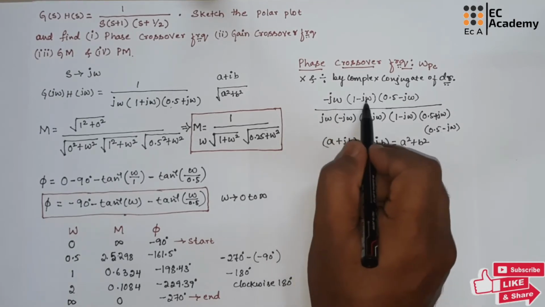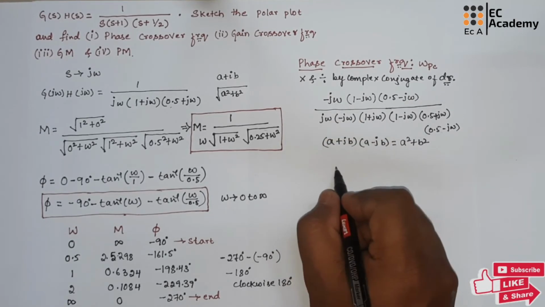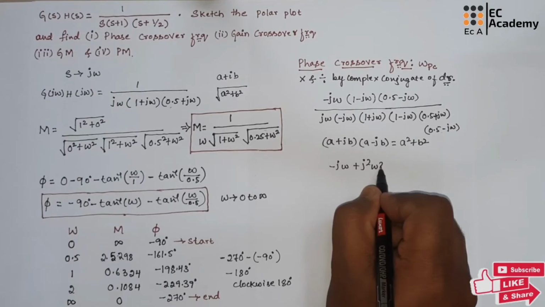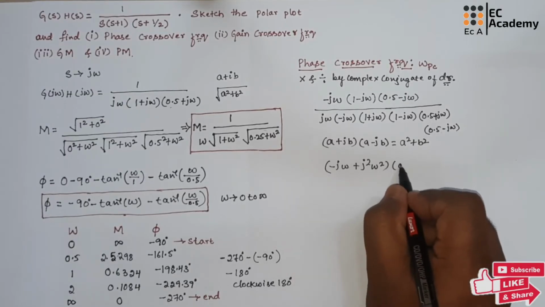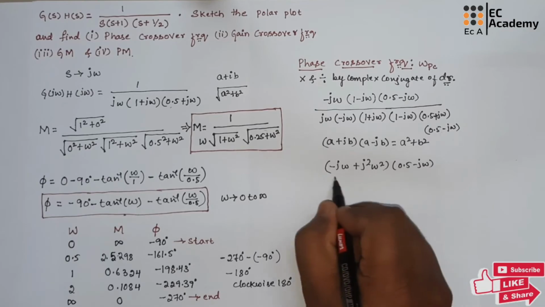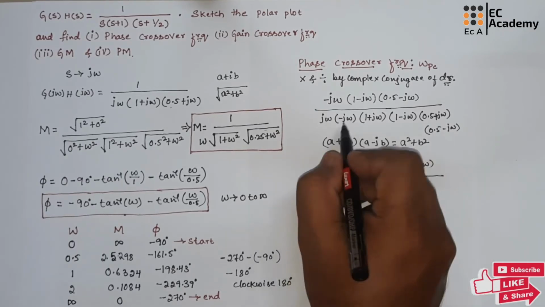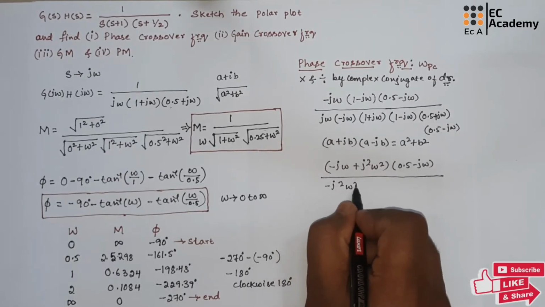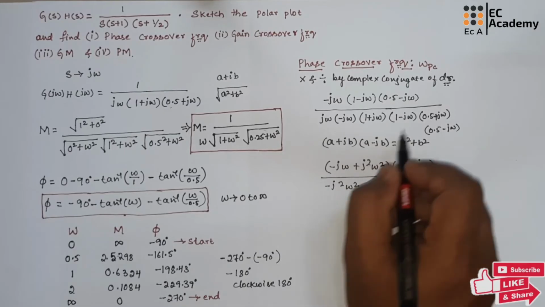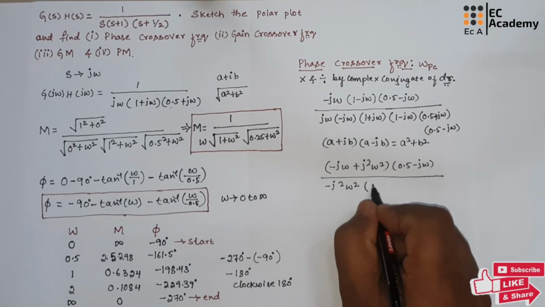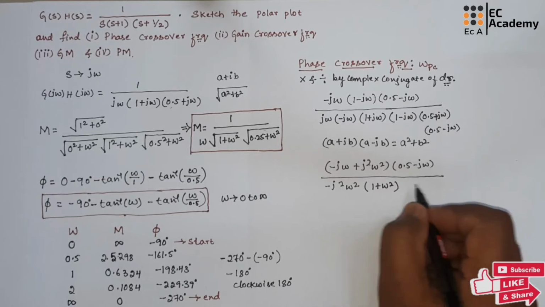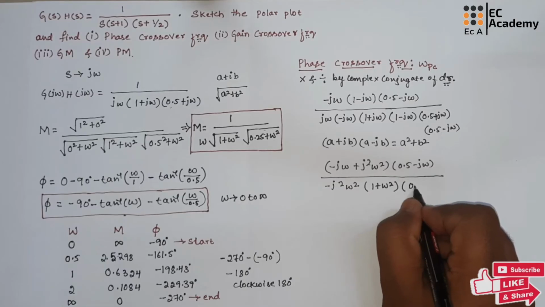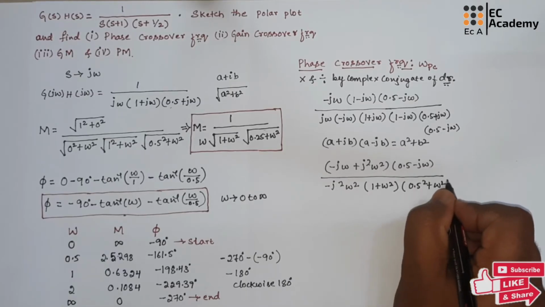In the numerator we can multiply these two terms. So we'll get minus j omega plus j square omega square, into 0.5 minus j omega, whole divided by, in the denominator, let us multiply these two terms. So it will be minus j square omega square. For these two terms, if we use this formula, we will get 1 square plus omega square, into, for these two terms again we will use this formula, so we will get 0.5 square plus omega square.